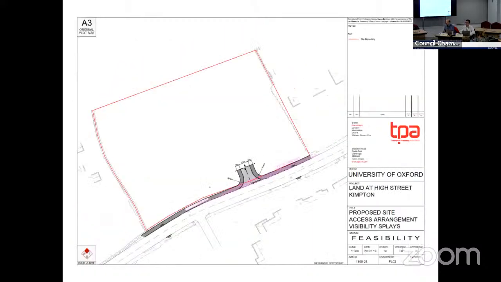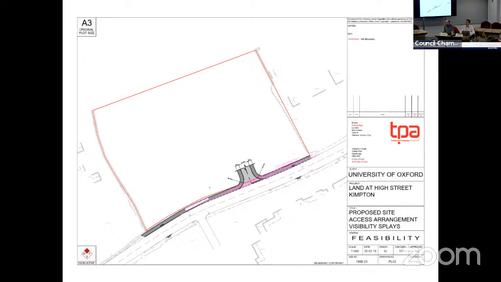Next slide. So this shows the proposed access and the visibility displays detailed plan, and the proposal itself is an outline planning application for 15 dwellings, of which 10 would be market and the remaining 5 affordable, and all matters are reserved except for the access, which is proposed, as you see, to constitute one new vehicular access onto Kimpton High Street.